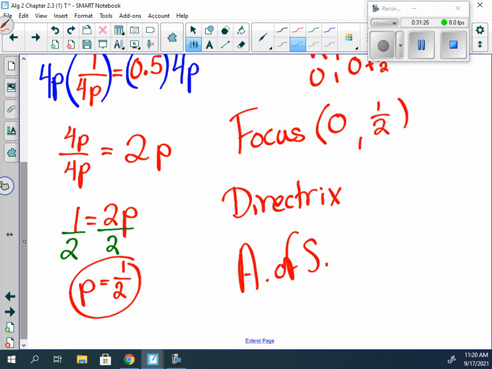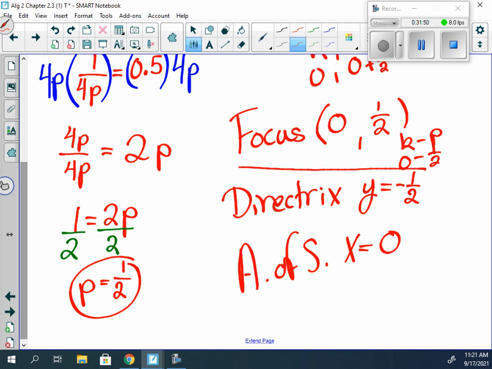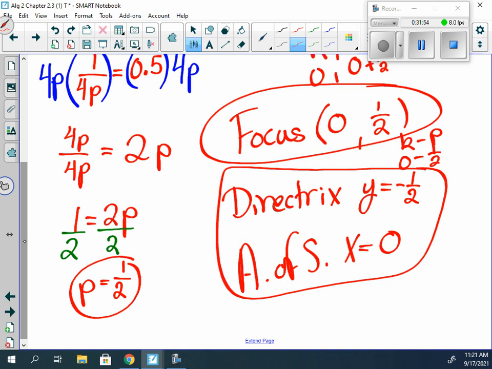So the focus is going to be 0, comma, 1/2. Our directrix is our k minus p. So we'd have 0 minus 1/2, and the axis of symmetry is x is equal to h. What's the value of h? 0. And that is it.